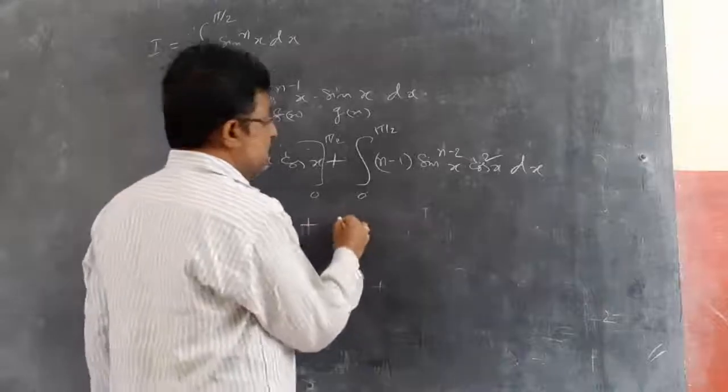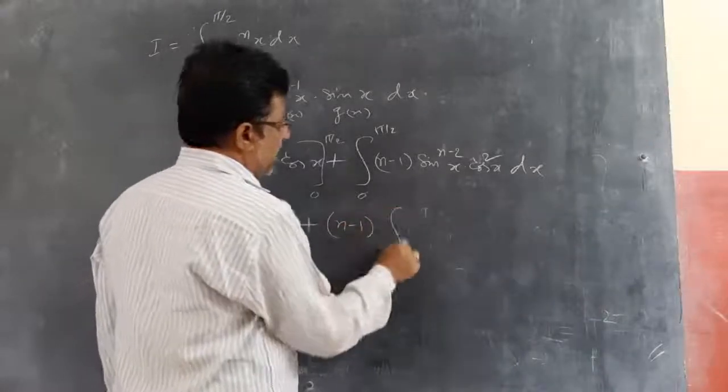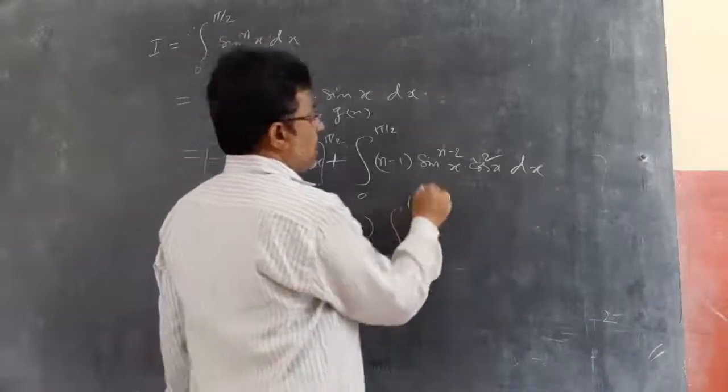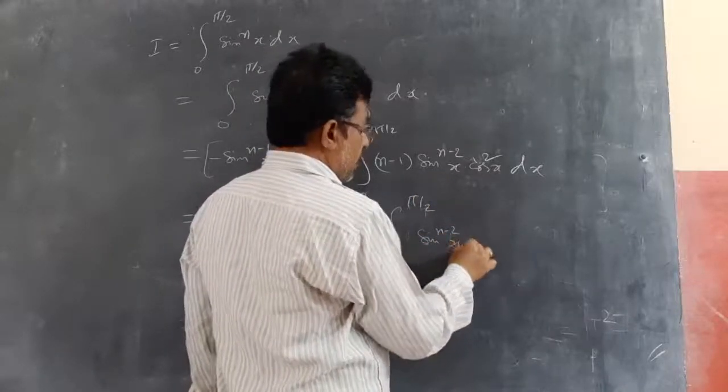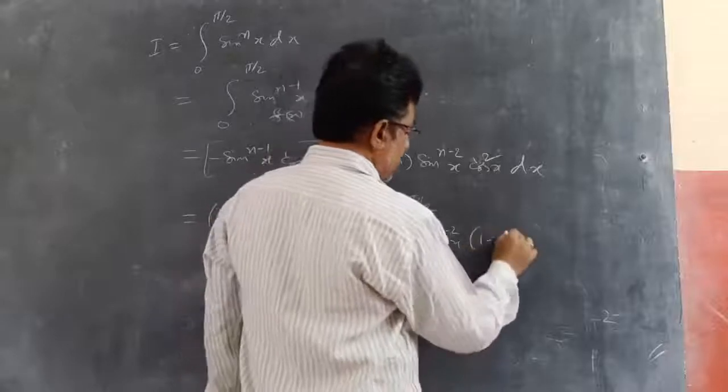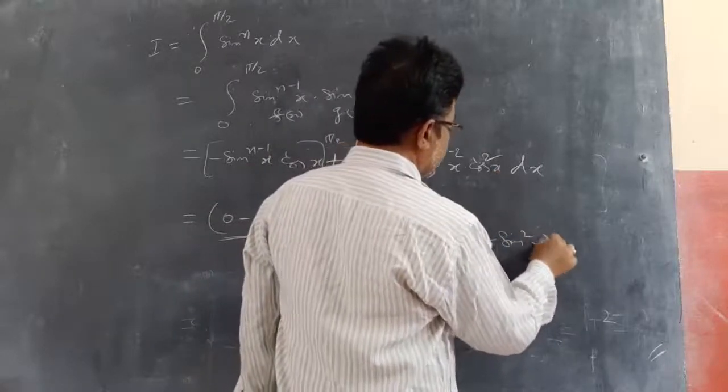And left out here is n minus 1, I can write outside, integral 0 to pi by 2 sin power n minus 2 x into cos square x, which is 1 minus sin square x, dx.